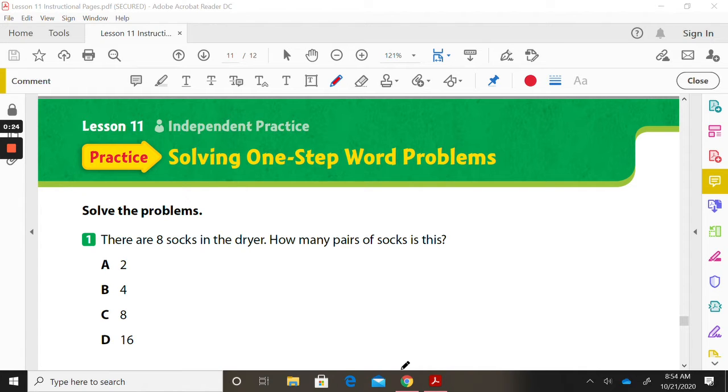Now, what would probably work best is if you worked these 2 pages independently before we go over them, and then you can start the video back and follow along and we can check these together. So if you would, stop the video, complete pages 122 and 123 on your own, and then restart the video and we can go over them together.